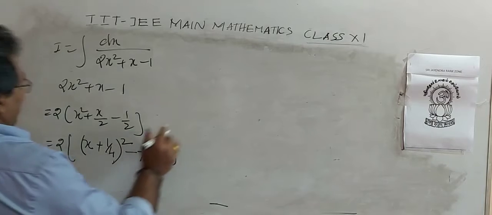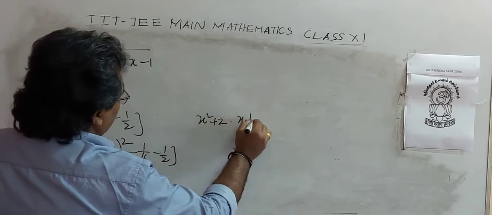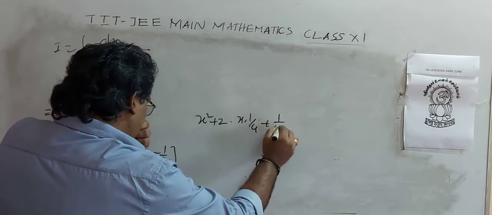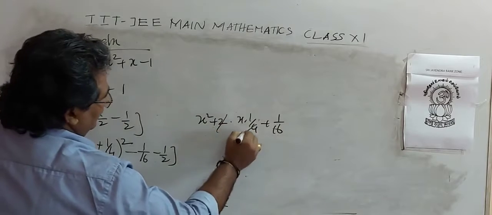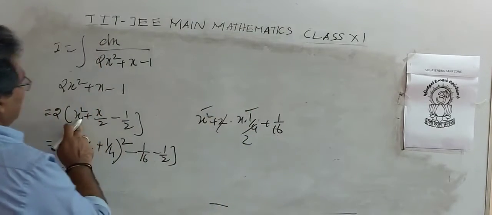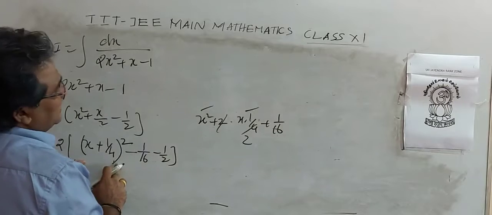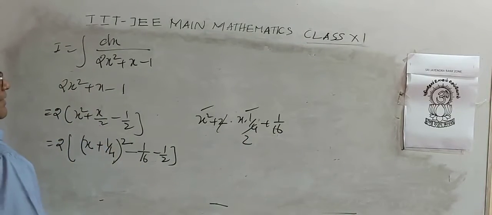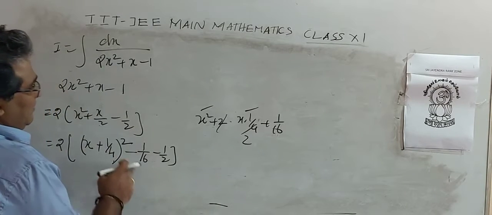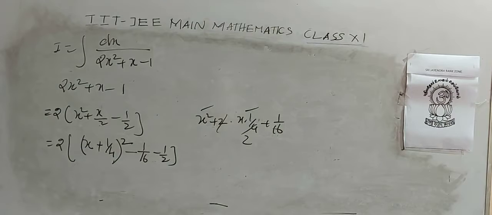If you expand x squared plus 2 into x into 1 by 4 plus 1 by 16, the expansion will give this result. So x squared plus x by 2 is there, but the expansion contains one extra 1 by 16, so that should be eliminated, so we subtract 1 by 16.